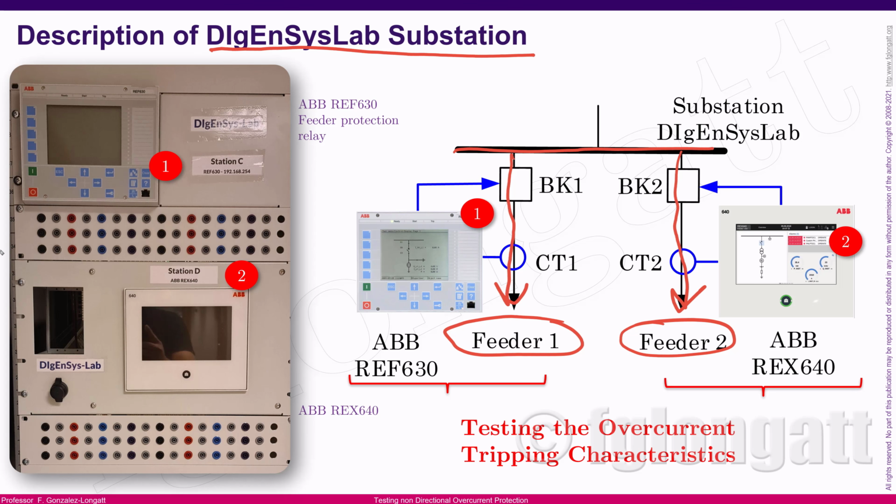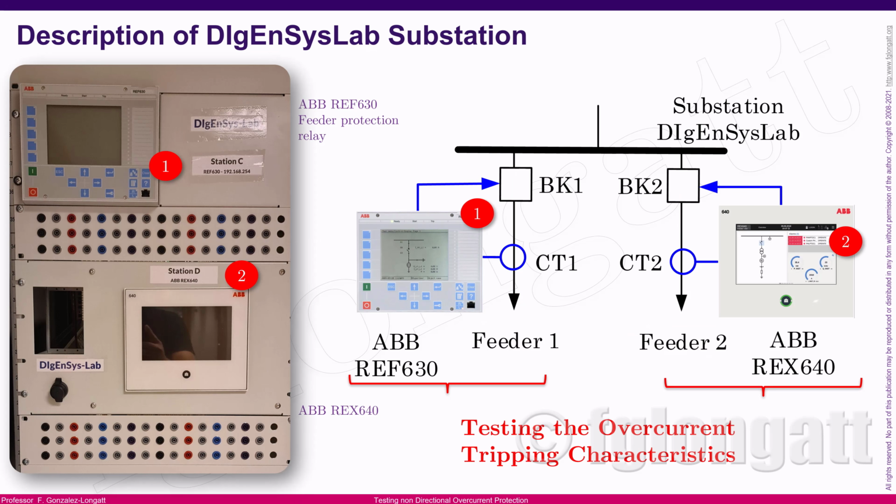Those feeders are in radial configuration, and as a consequence, there is a main circuit breaker at the very beginning of each feeder. For instance, here we have the REF630, the feeder protection relay.